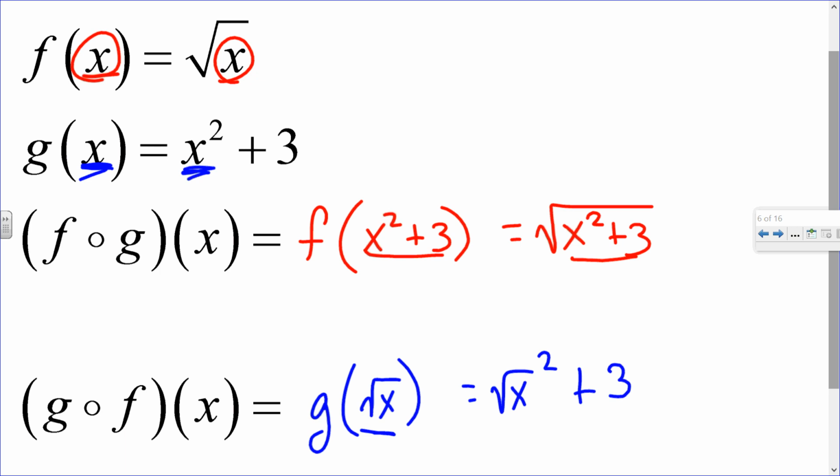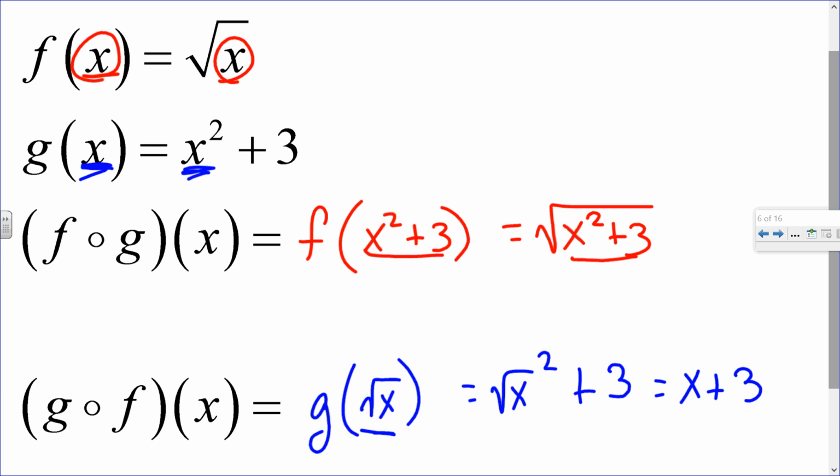So the square root of x, squared plus 3, and let's see. If we're taking the square root, that means x had to be non-negative. So when we square it, we do get the x, which was non-negative. So we could also just say that is x plus 3.